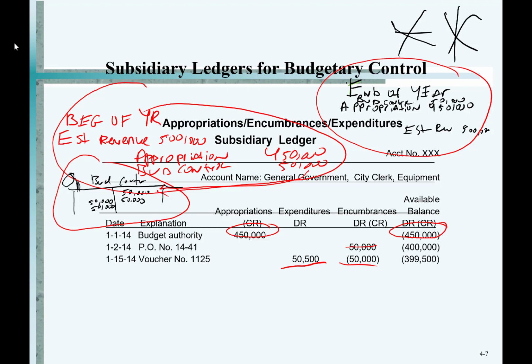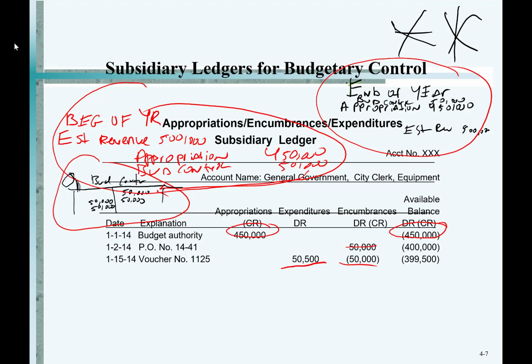And then what happens when the goods come in? I reverse the original encumbrance entry by crediting the encumbrance and debiting the budgetary control, then debit expenditure and credit vouchers payable for the actual amount, don't I? So I debited budgetary control for 50,000. I wrote it on the credit side, I said debit. Thank you.